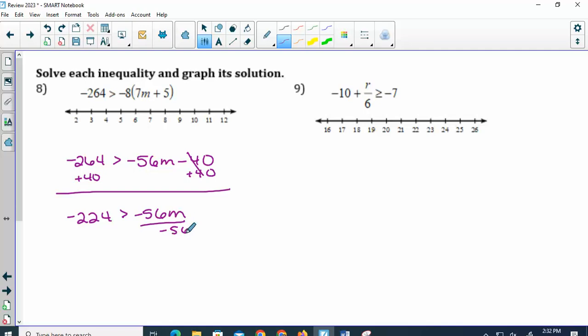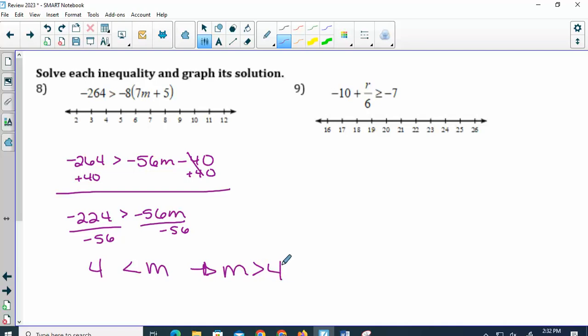Divide by negative 56, which will do what to my inequality? Flip the inequality. What is 224 divided by 56? Or negative 224 divided by negative 56? So we have 4 is less than m. If you don't like it written that way, that means m is greater than 4.